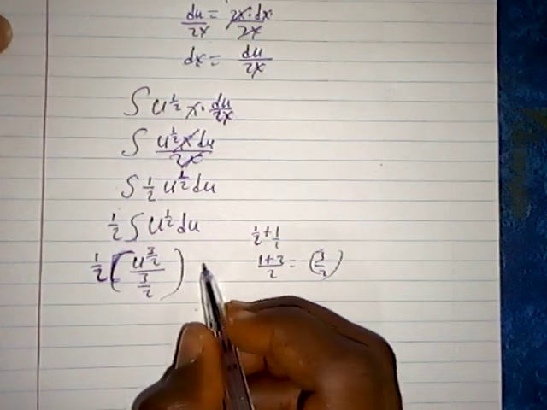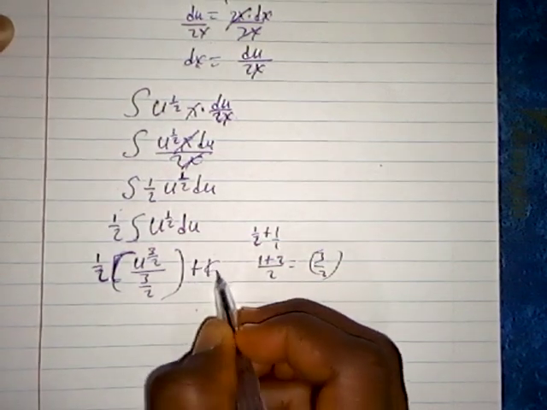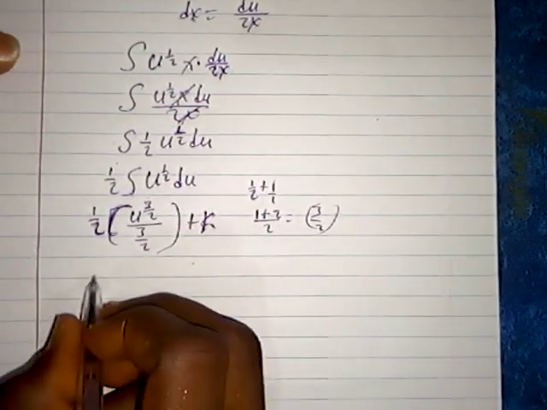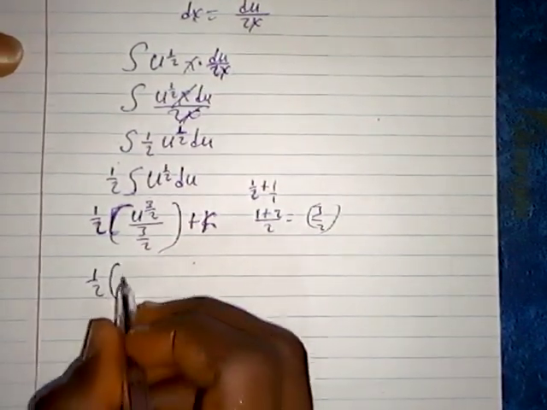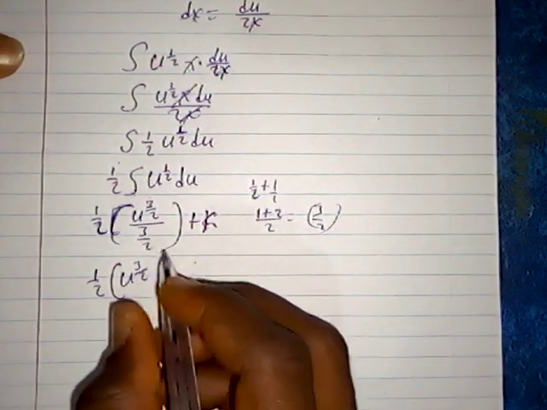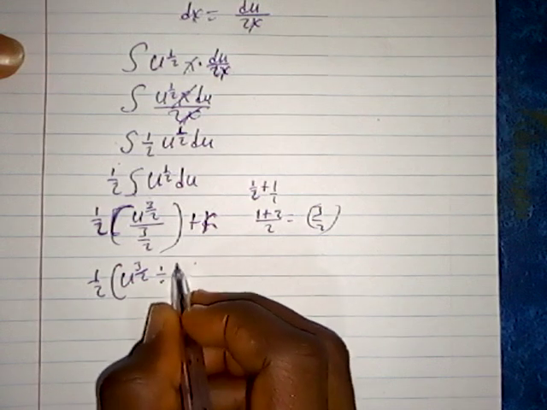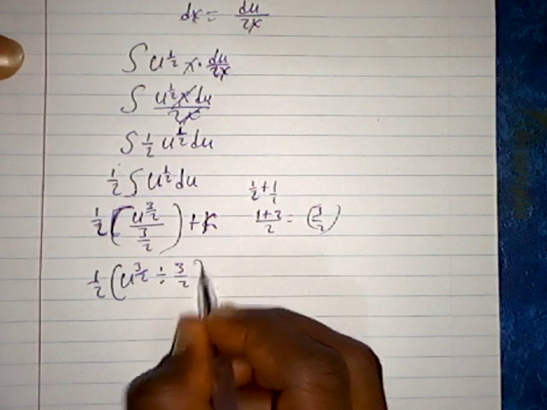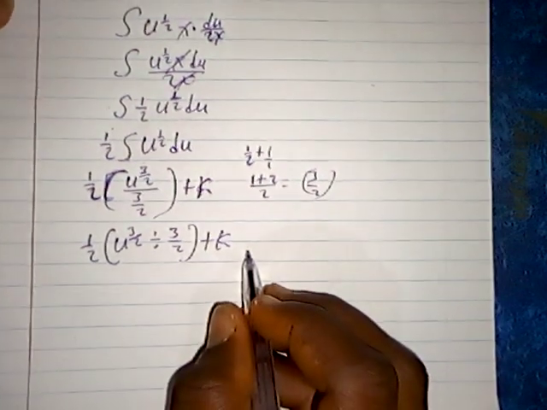You are going to introduce a constant, plus k, which is the constant. Do you see it? What next? Half into u to the power 3 upon 2, divided by 3 upon 2, plus k.